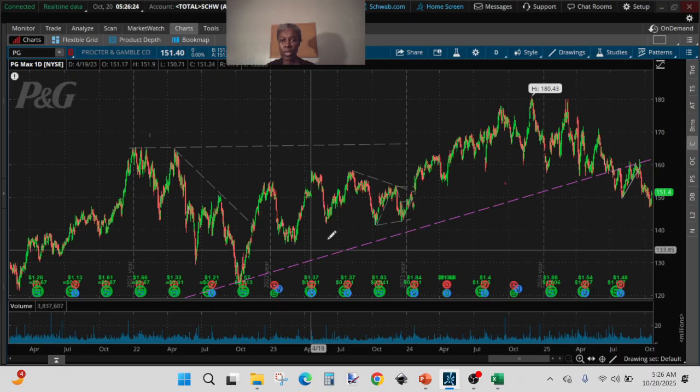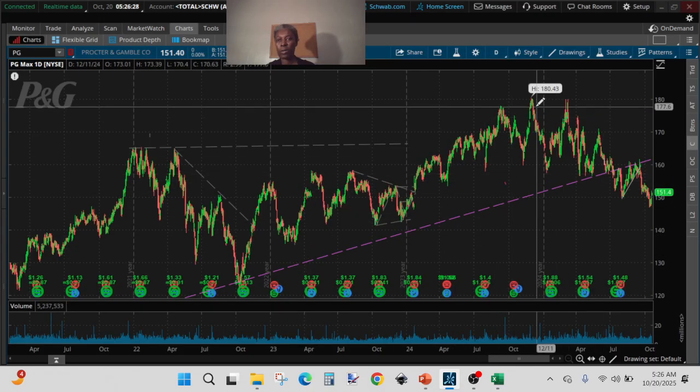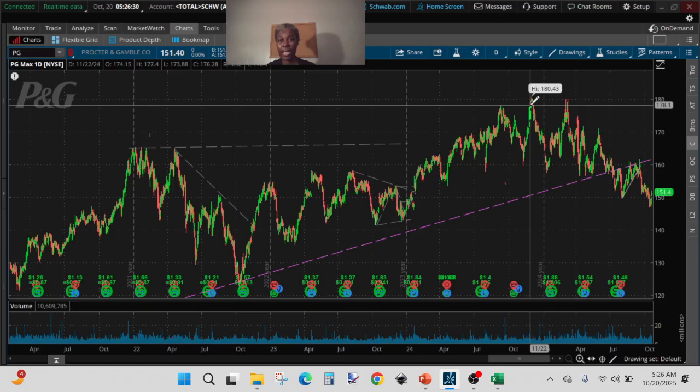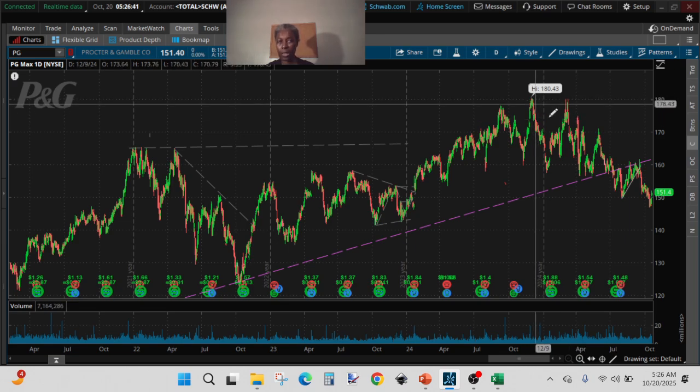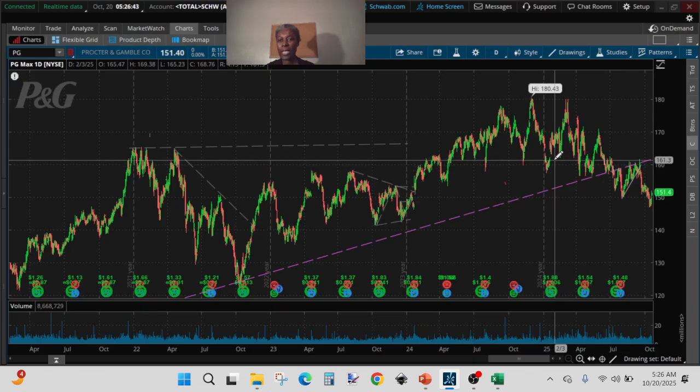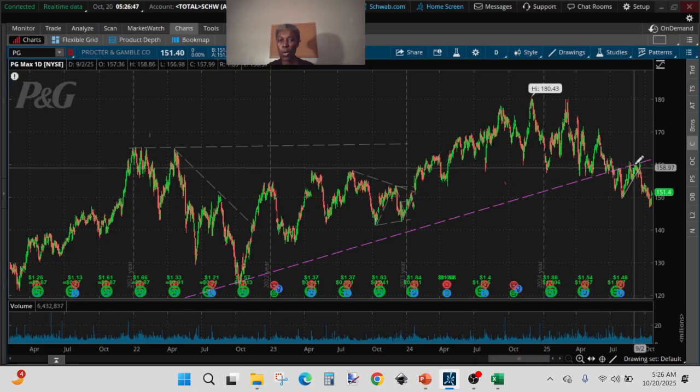Here it was making higher lows, going up. But when they are walking on the downtrend of the mountain, climbing down from the top of the mountain to the valley, it starts making lower lows to the support line.